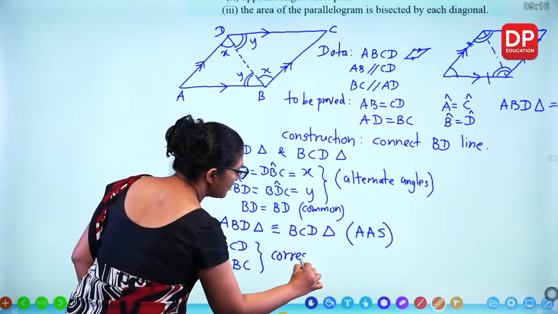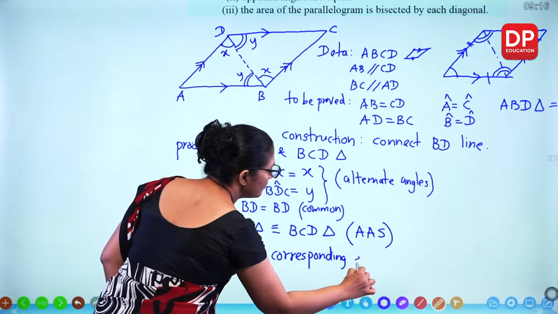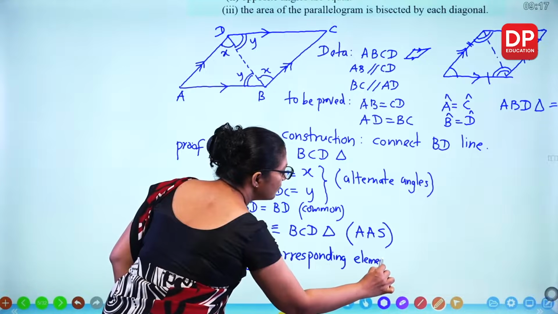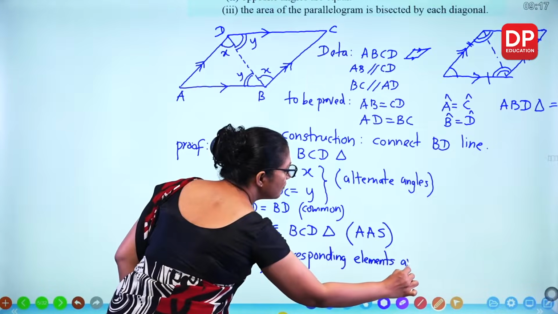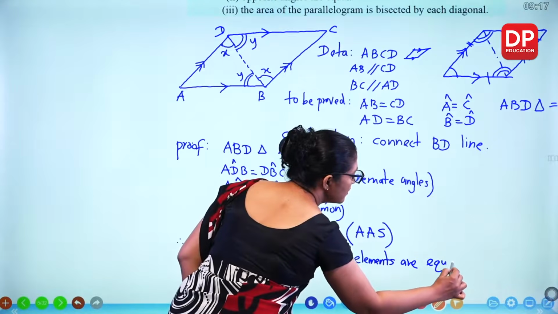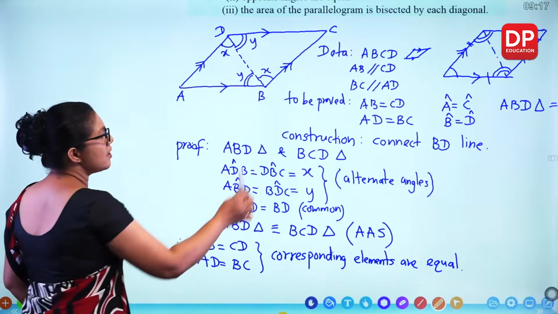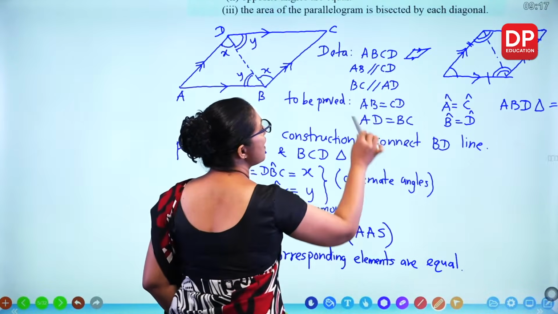Corresponding elements are equal. Now we proved the first part.